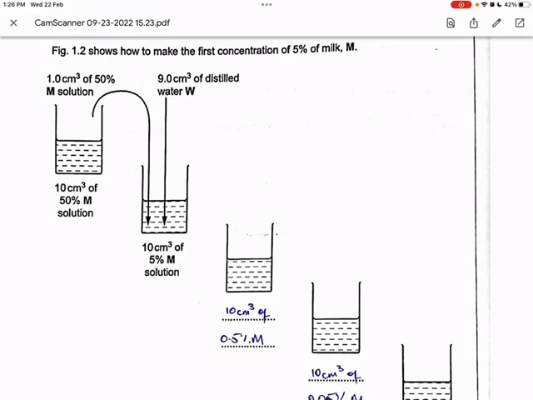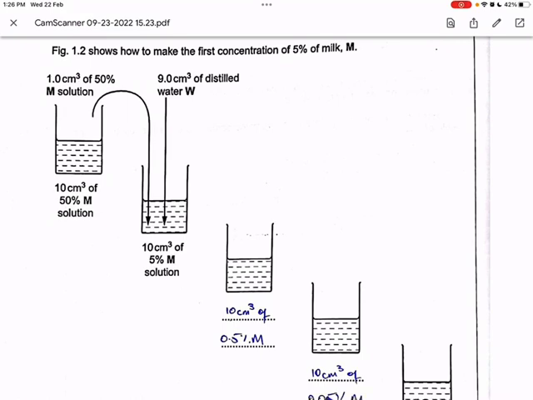And now you want to dilute it. So how do you dilute it? You take 1 cubic centimeter of this 50% M milk solution from the first beaker, and into the second beaker you are going to add 9 cm cube of distilled water. So this means 90% of the contents of the second beaker are that of DW or distilled water, and 10% content is what?